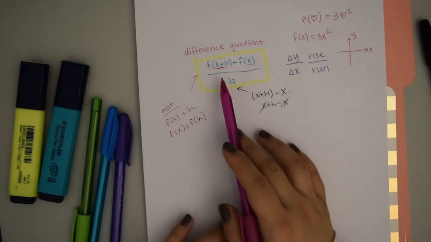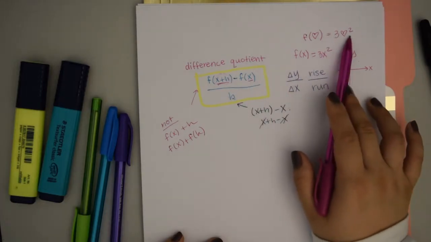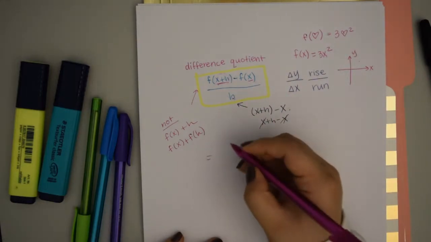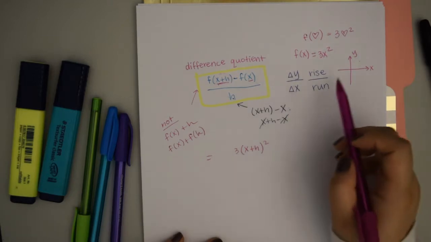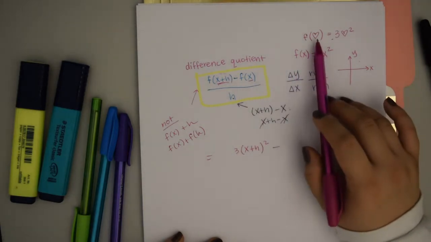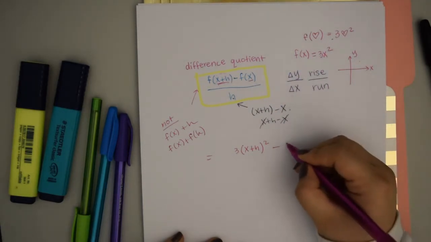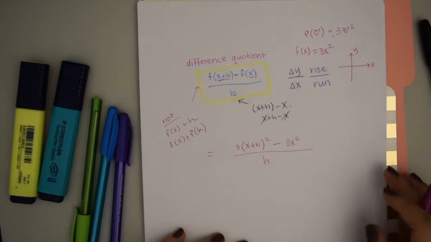So in this case, f of x plus h is 3 times my input squared. So here it would be 3 times x plus h squared, okay, minus, and then f of x is inputting x, so 3x squared all over h.